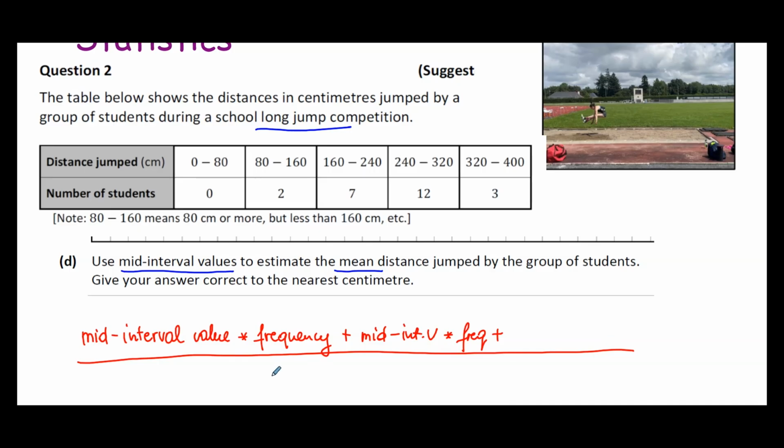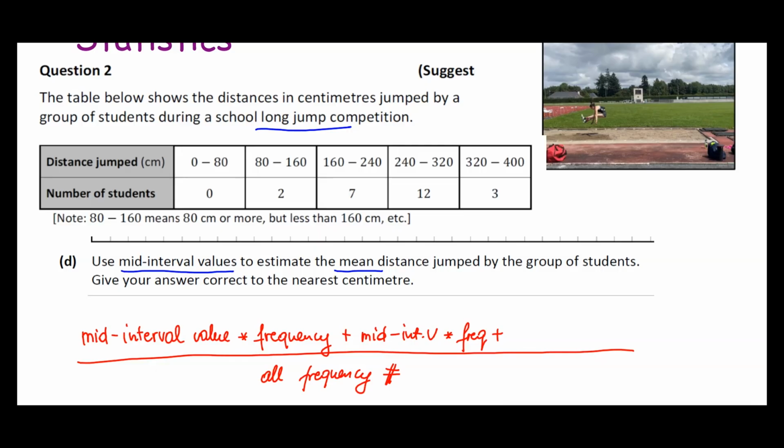And then we divide by all the frequency numbers. Okay, so it seems complex. It's not. It is a little bit more complex calculation than our usual mean.